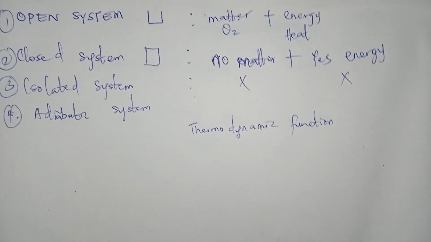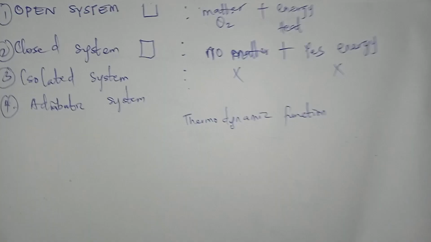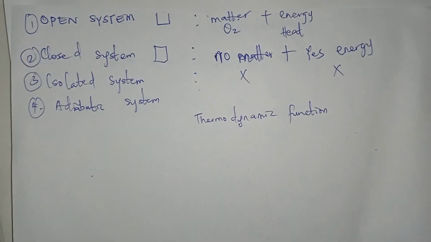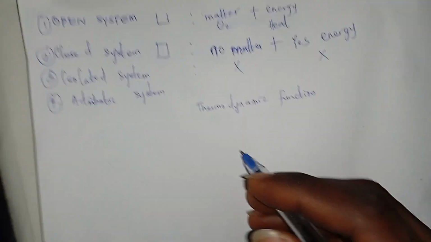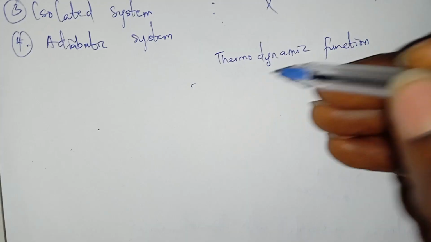A function is a thermodynamic function if it is either a state function or a path function. So we have two types of thermodynamic function.